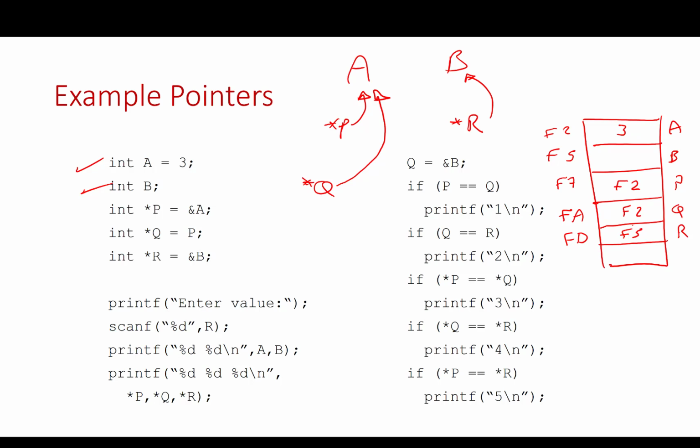And then the next line, printf enter value, and then scanf getting the value to R. And remember here, R is not having & before it. Why? Because it's already an address, because it's a pointer, right? So R by itself is an address. So I don't have to put the &, right? But if it is a regular variable, you have to put the &.